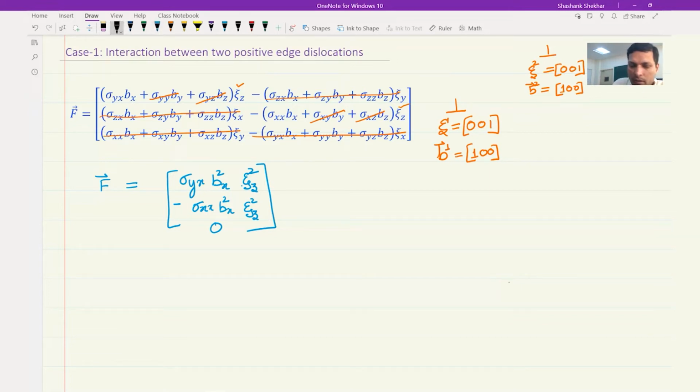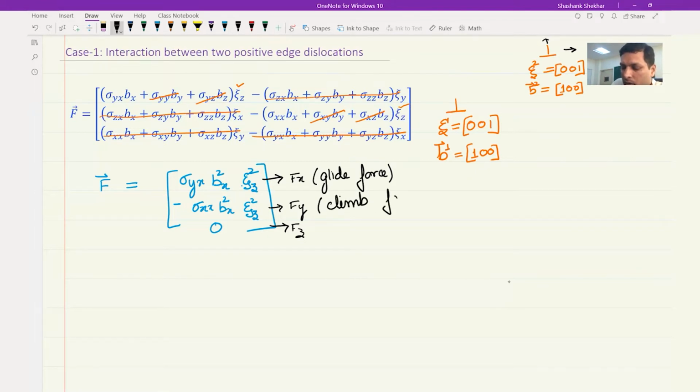So this is glide force acting on it, because if this is the force acting in the x direction, whichever direction, positive or negative, this is called the glide force. Fy is acting in this direction, which we can call climb force.